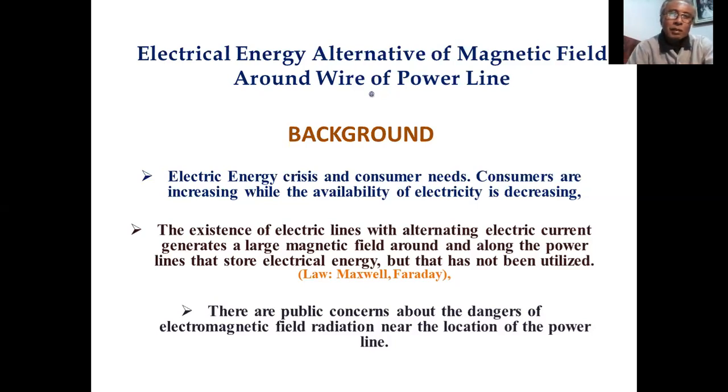Second, the existence of electric lines with alternating electric current generates a large magnetic field around and along the power line that stores electrical energy, but that has not been utilized. Third, there are public concerns about the danger of electromagnetic field radiation near the location of the power line.